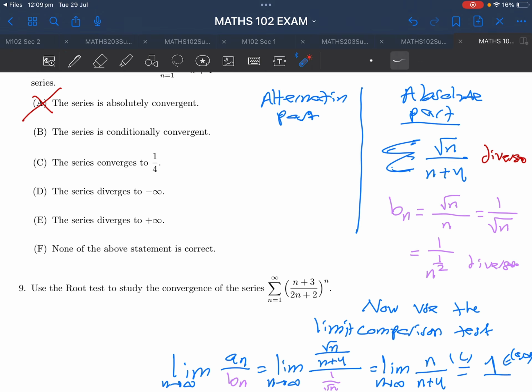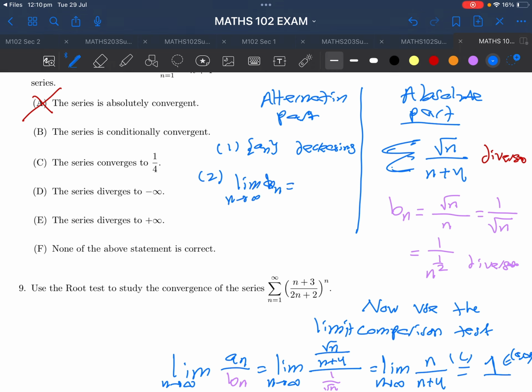Now we go to the alternating part, where we need to check 2 things. First, we need to check that a_n is decreasing. Second, we need to find the limit of p_n, the absolute part. If we find the limit, we use L'Hopital again, which will be 1 over 2 square root of n over 1.